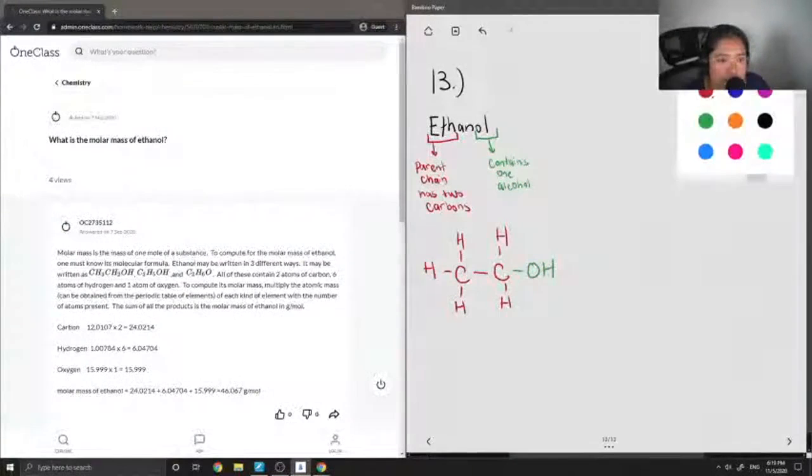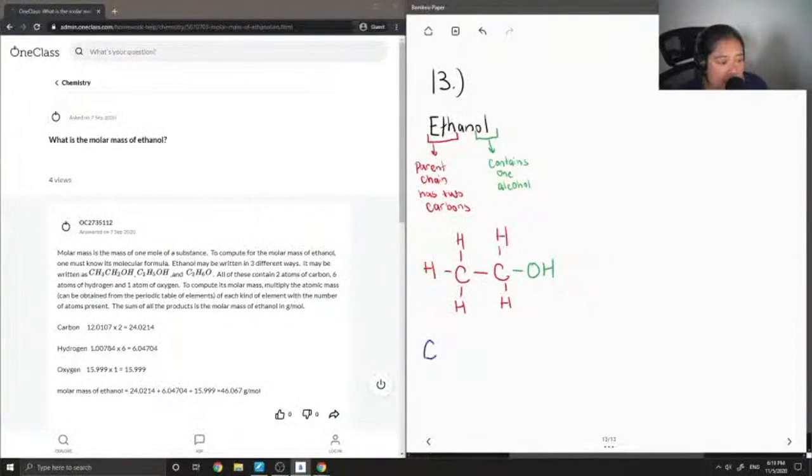Okay, so now let's look at the formula for ethanol. There are 2 carbons, so I'm gonna write C2. There are 1, 2, 3, 4, 5, 6 hydrogens, and 1 oxygen.